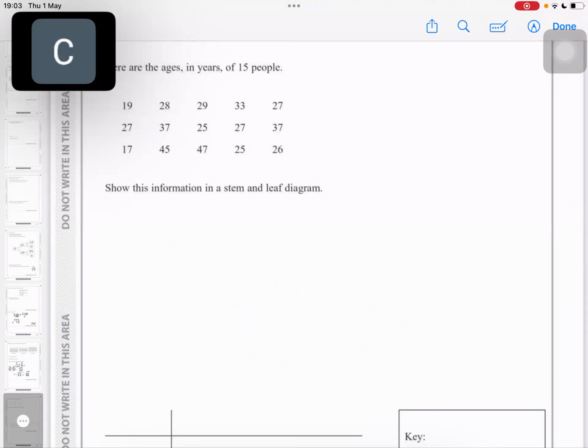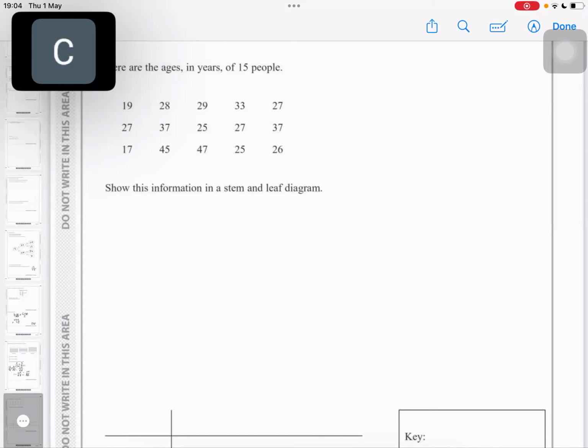Okay, this one is talking about ages in years of 15 people. What does it say? Show this information in a stem and leaf diagram. Okay, so do you know how a stem and leaf diagram looks like? Yes. Okay, so do you want to represent it? I'm seeing 1, 2, there are 15. Okay, so can you represent it? I think there's something about the ages that are all the same.